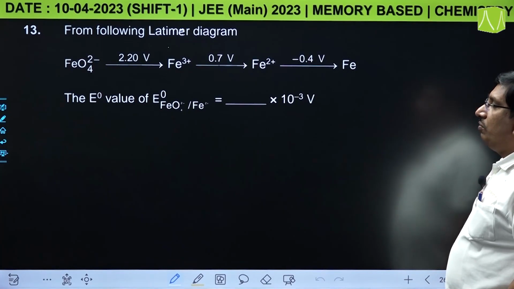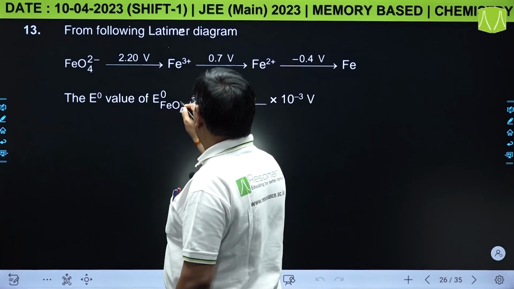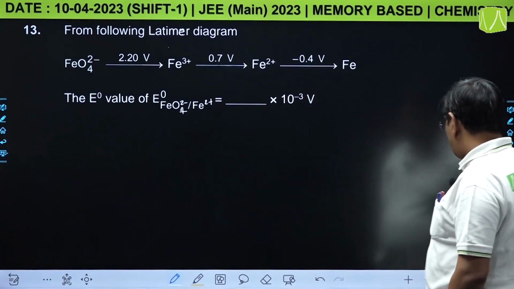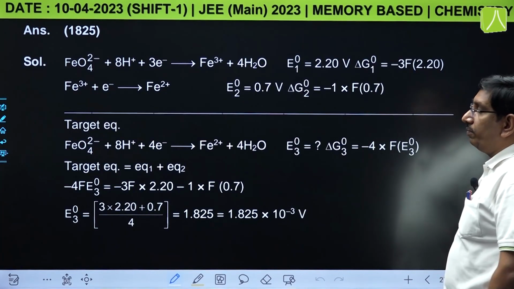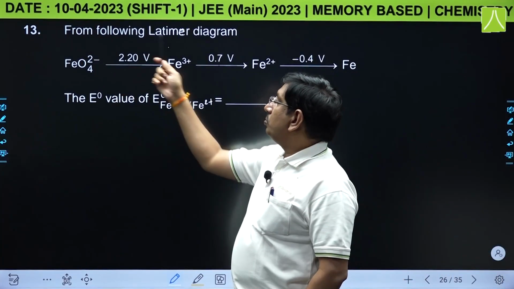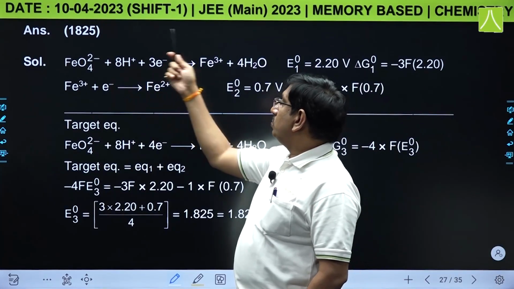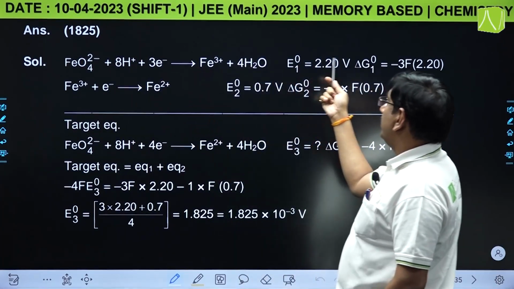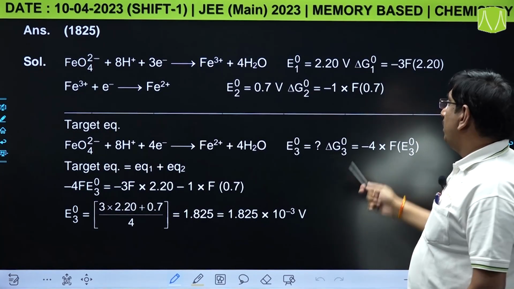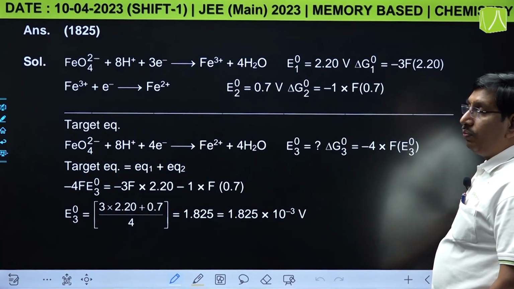For the first conversion, FeO4 2 minus to Fe3 plus, we are balancing the equation, and E1 naught is 2.20 volts, and we are calculating delta G1 naught, it is minus nFE naught, so minus 3F into 2.20.